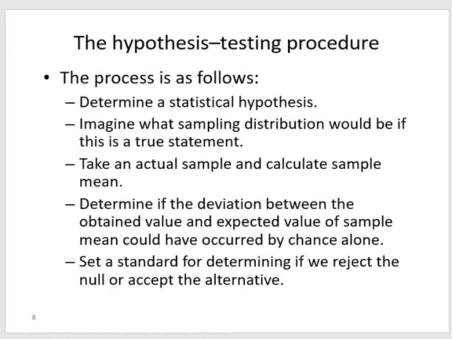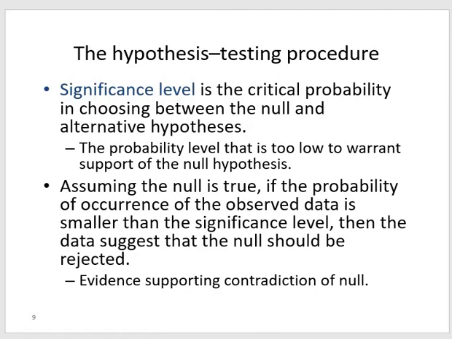Set a standard for determining if we reject the null or accept the alternative. That is the significance level. You need to decide a significance level above which you will consider that this null hypothesis is accepted or whether it is rejected. Significance level, that was the last statement in the earlier slide.